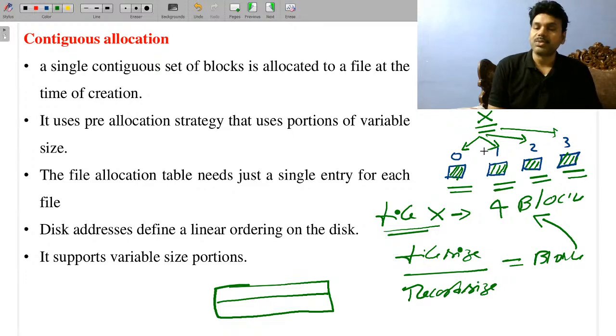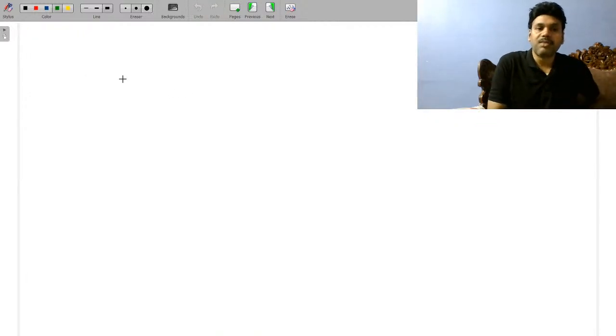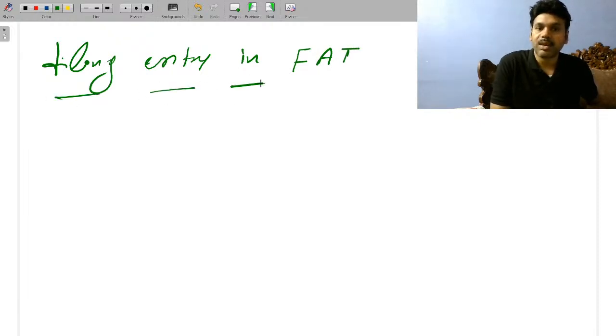So this is how it works. The requirement is that you need to tell two important things. Whenever you store a file, you make an entry in the file allocation table. Understand carefully, friends.